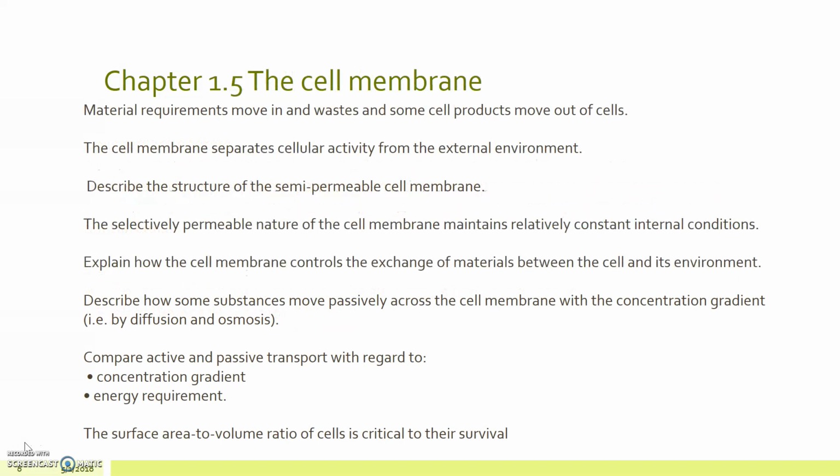1.5, the cell membrane. So this is where we looked at our phospholipid bilayer. You might remember we looked at a hydrophobic end and a hydrophilic end. And you need to understand the importance of the cell membrane and how it separates cellular activity from the outside environment. Okay, and there's a number of ways that things get in and out of the cell, and that is through that membrane.